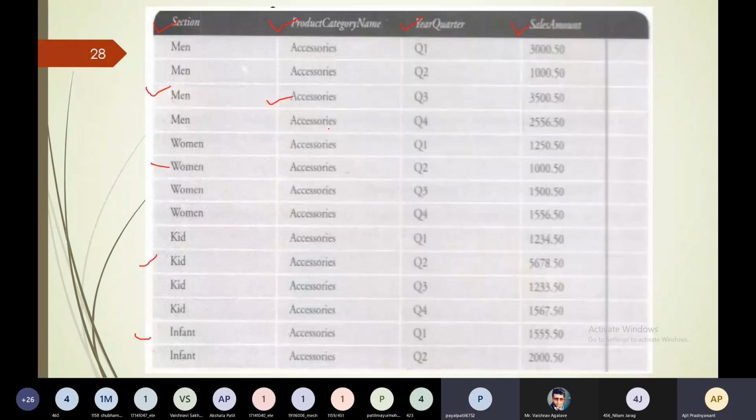In this example, they have mentioned only accessories, and the year quarter will store quarter 1, 2, 3, and so on. Your quarter belongs to that particular purchase, and sales amount will store the total amount. So this is how your data is present in the All Goods store market of the year 2001. Now we are going to learn how this data is used in the OLAP.